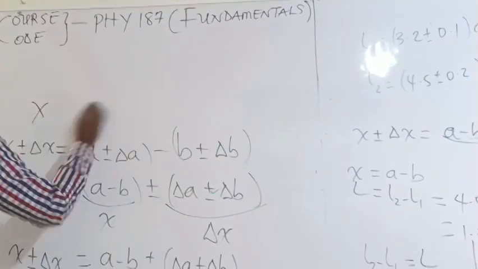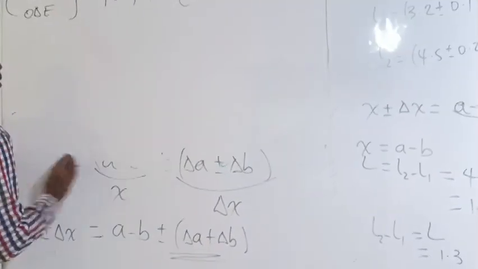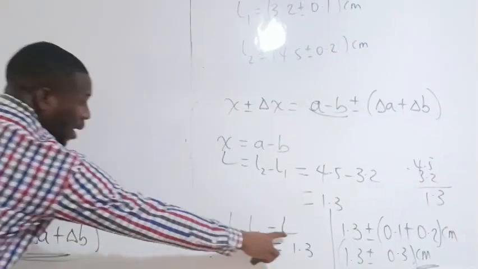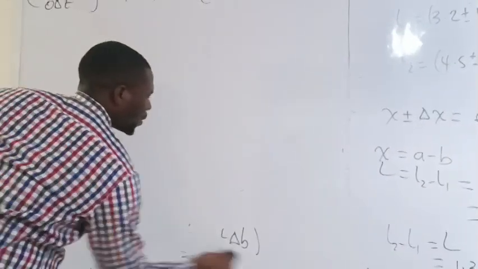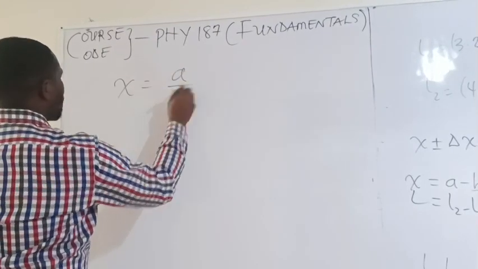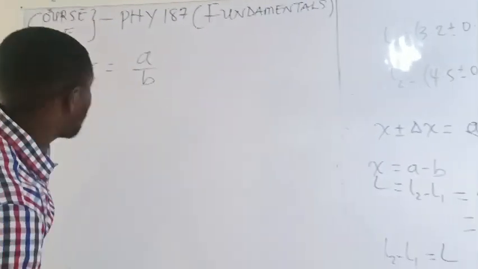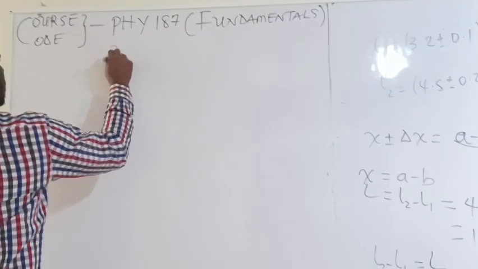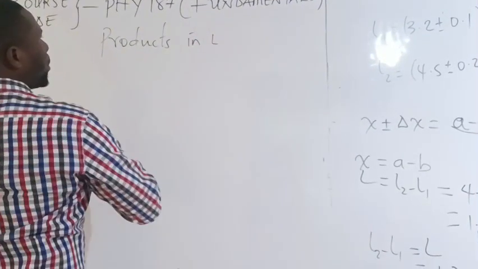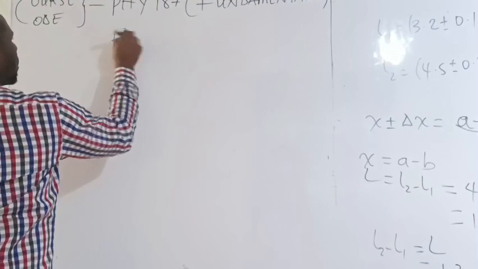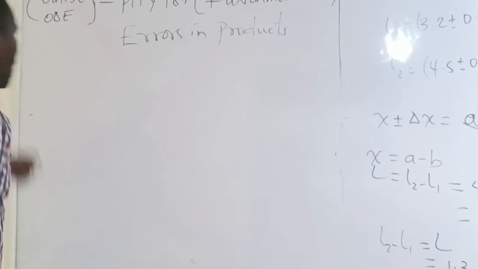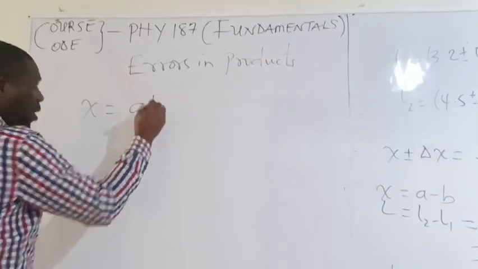So let's take for instance that x, which could stand for any quantity, like in this case the L. Let's say I'm dividing two measured values, a by b, or let me start from the products. So errors in products.